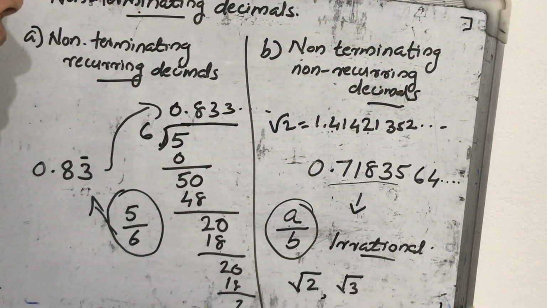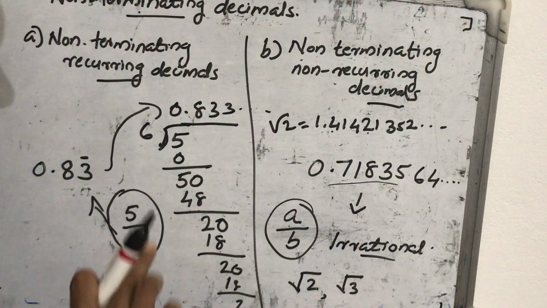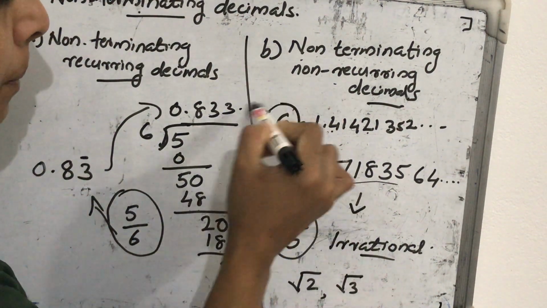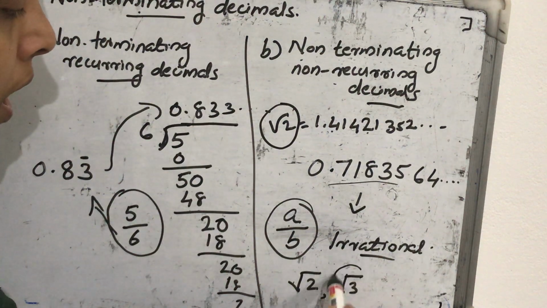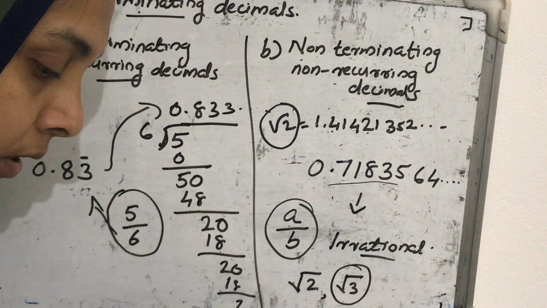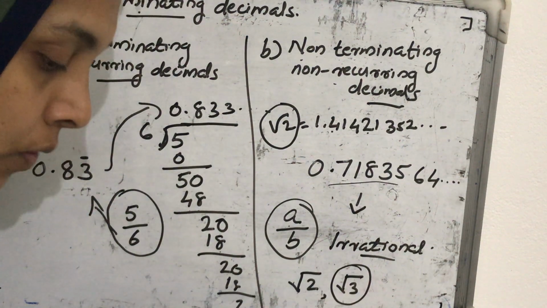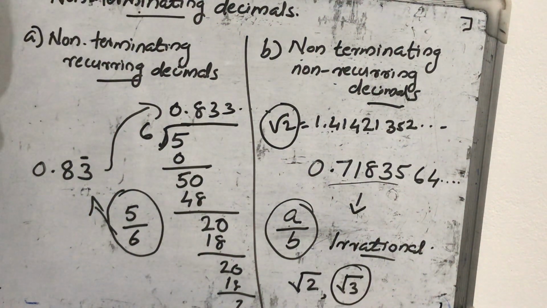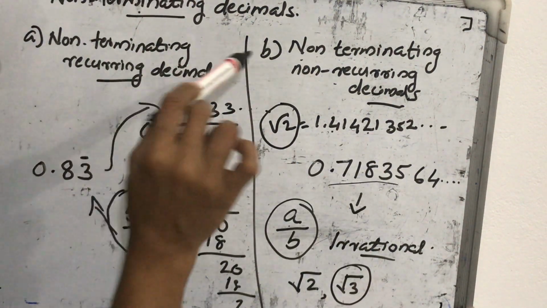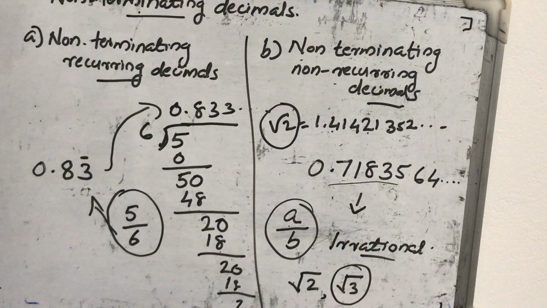No digit is repeating continuously. Such numbers are called irrational numbers. Examples are root 2, and for root 3 also a value is given in the textbook, 1.732050. You can see it in your textbook. So that is the difference between non-terminating recurring decimals and non-terminating non-recurring decimals.